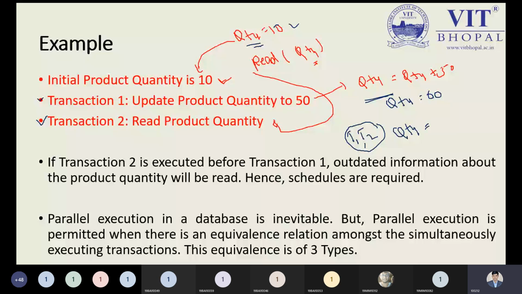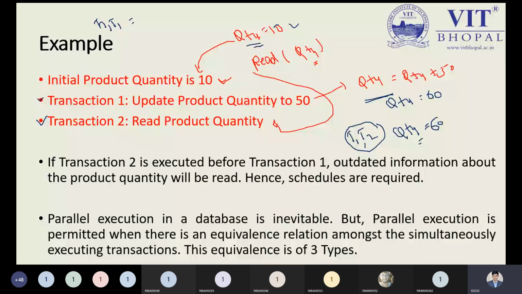Because the quantity value is updated by 50 before it's read. So here, after updating you are reading, so definitely 60. But if I follow the order T2, T1, then first it will read.